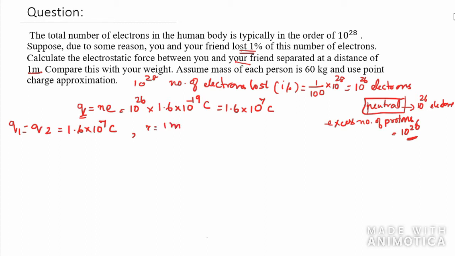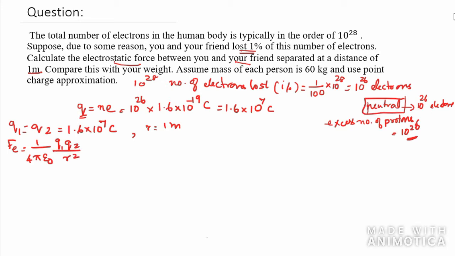Now we have to calculate the electrostatic force between them. What is the formula for electrostatic force? According to Coulomb's law, electrostatic force is equal to 1/(4 pi epsilon naught) times Q1 into Q2 by r square.